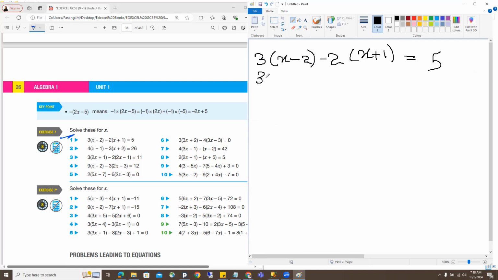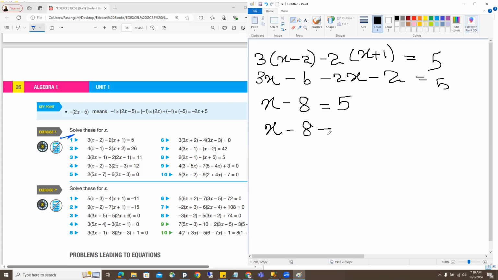Then we have 3x minus 6 minus 2x minus 2 is equal to 5. Then 3x minus 2x is x, minus 6 minus 2 is minus 8, is equal to 5. Then we add 8 to both sides. Is the answer 18 for the first one?